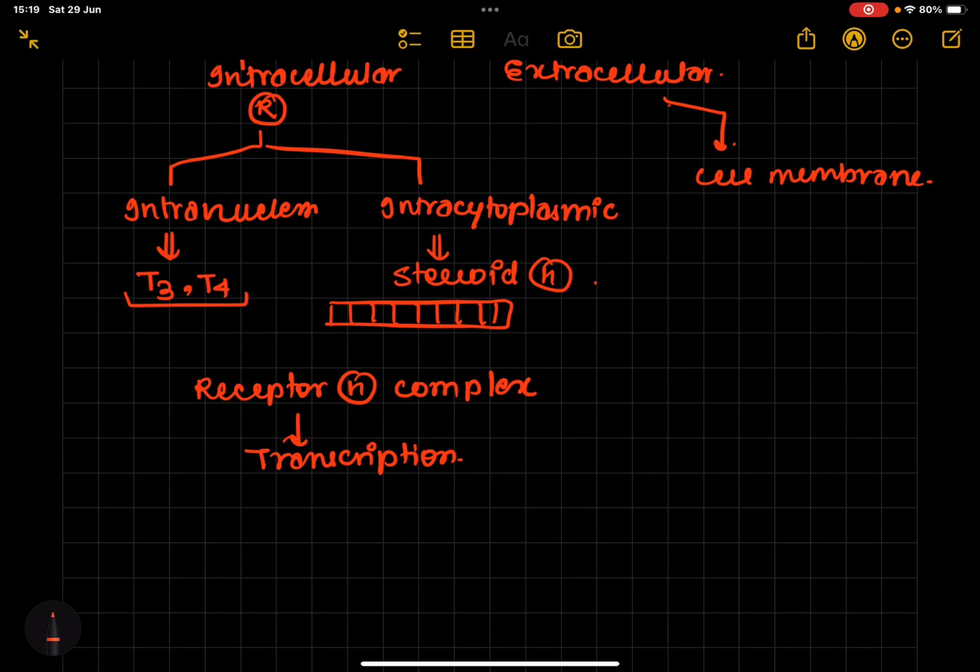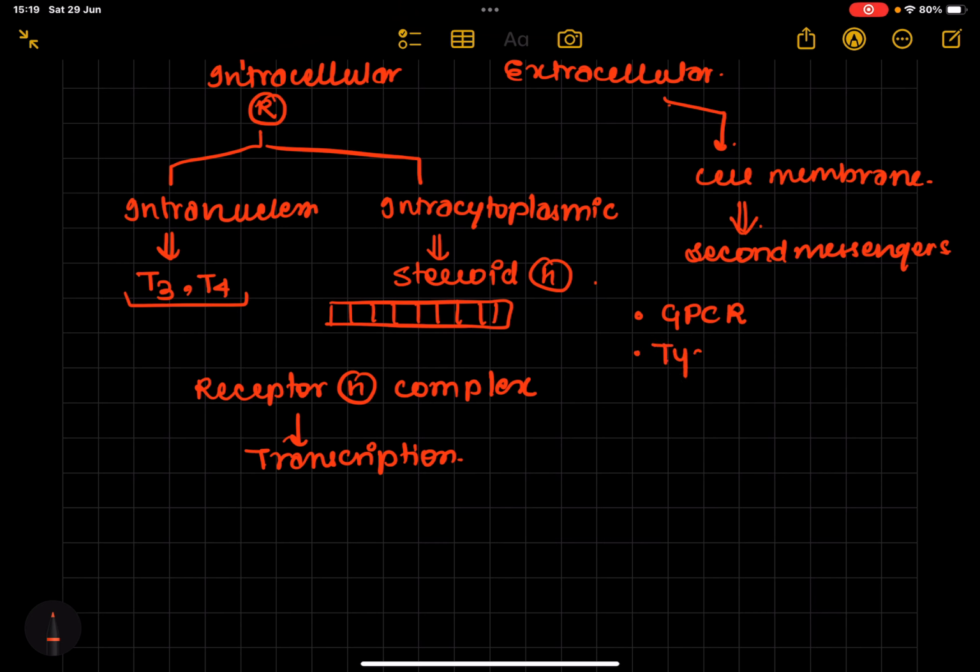Okay, so the next thing we have to study is the cell membrane receptors. The cell membrane receptors will have second messengers. There are various cell membrane receptors like GPCR, which is G protein coupled receptors.